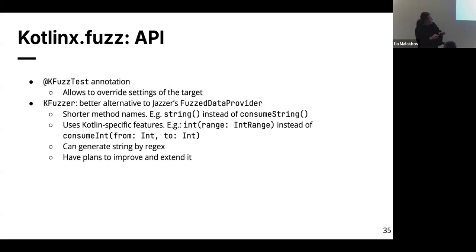Noticeably, it uses Kotlin features like ranges. We made our own new features, like generating strings by regex. And this is our current version, but we have plans to add more things to it.